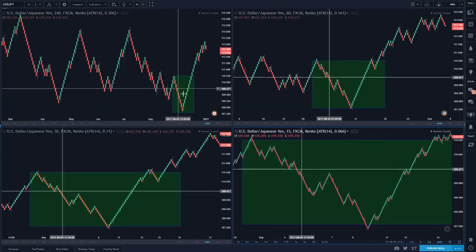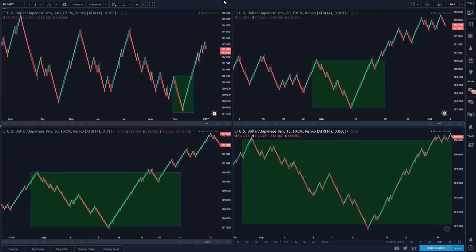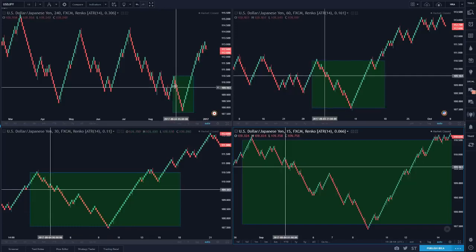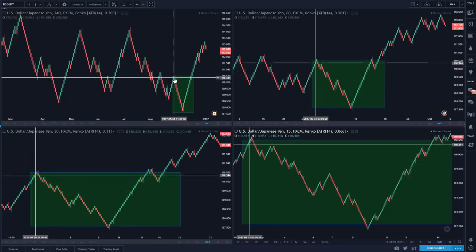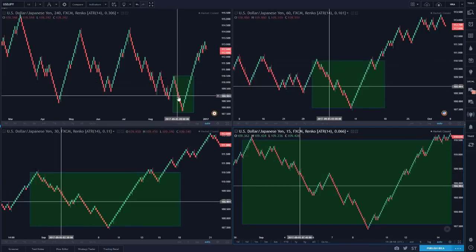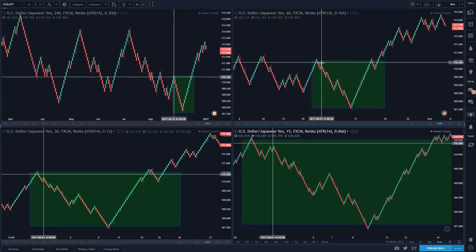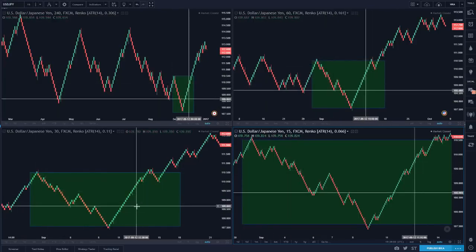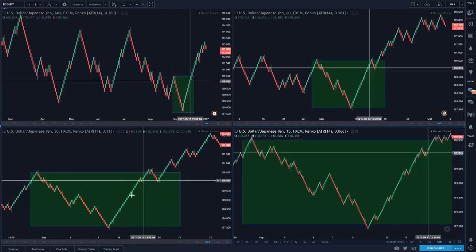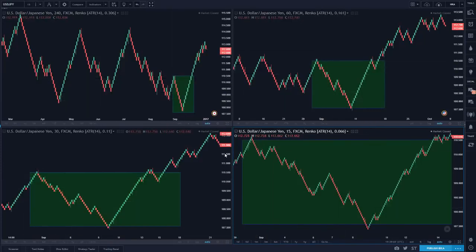Same on all. So whenever you see a trend like this, let's say Renko showing a complete downtrend with down candles, check on 1 hour: all down candles. Check on 30 minutes: all down candles, and 15 minutes all.